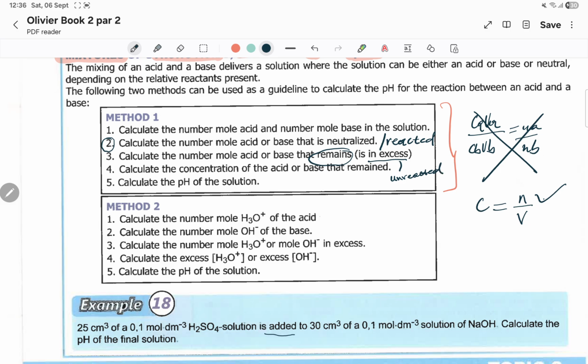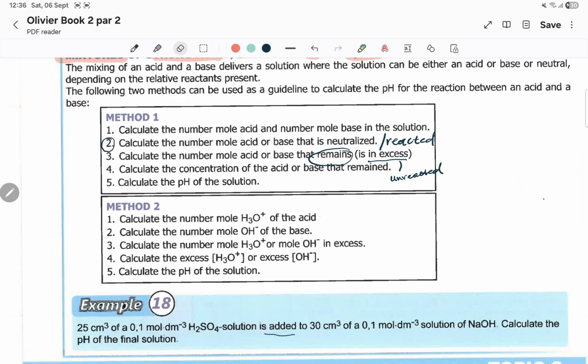So unreacted will be equal to the initial number of moles minus the reacted number of moles, or it should be neutralized if you want to use that word. Meaning initially it will be from the first step, to calculate the number of moles.